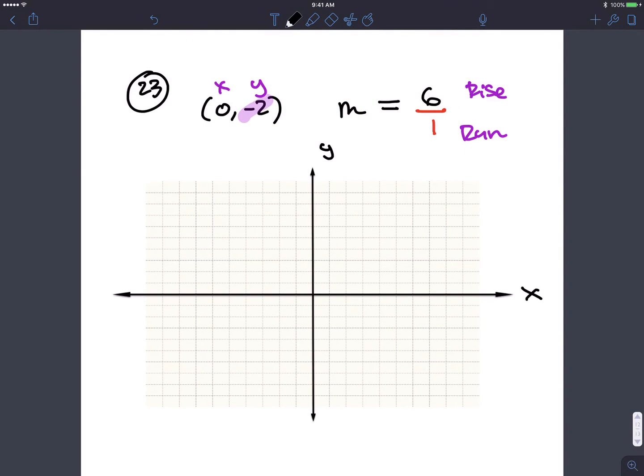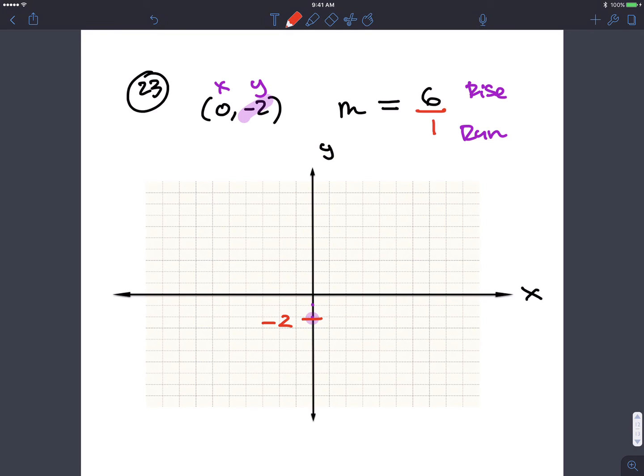X-axis, y-axis. So on the y-axis, I go through -2. So to get there, we have to go down 2 units from the origin. This is the location of my y-intercept. If you like, indicate that that's -2.